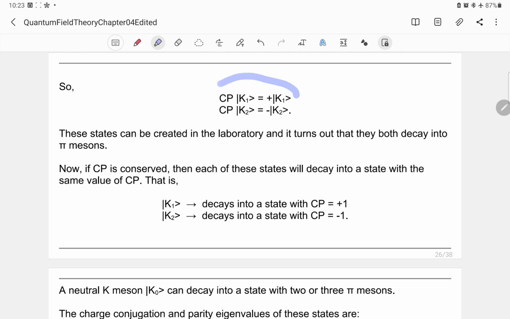Now you can see that they are eigenstates of CP, because it is now K1 and K1 here, and K2 and K2 here.